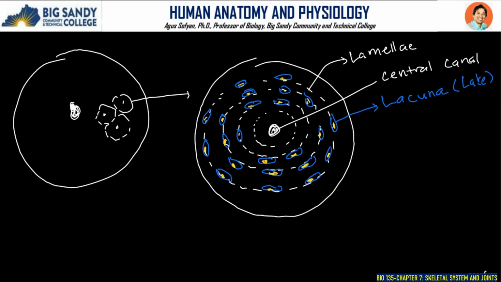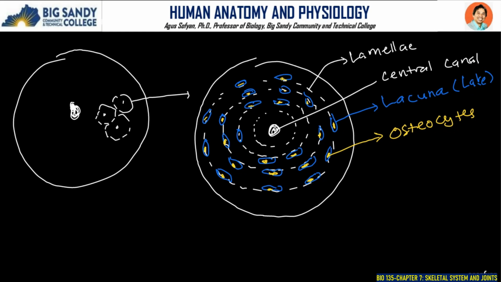So this is the cell of this compact bone, and the cells in the compact bone are osteocytes, the older cells. The osteocyte is the one that will maintain the compact bone.